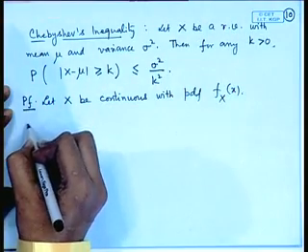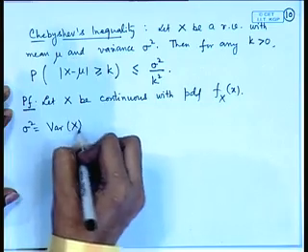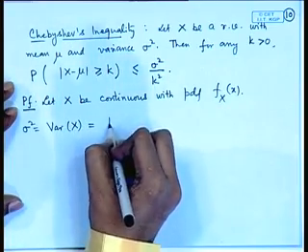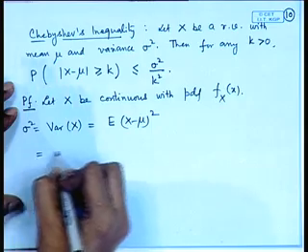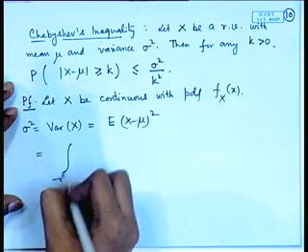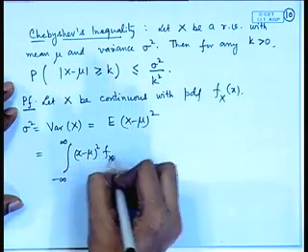So, let us consider the expression for variance. This is equal to the expectation of (X minus mu) square, which is equal to the integral of (x minus mu) square f(x) dx.